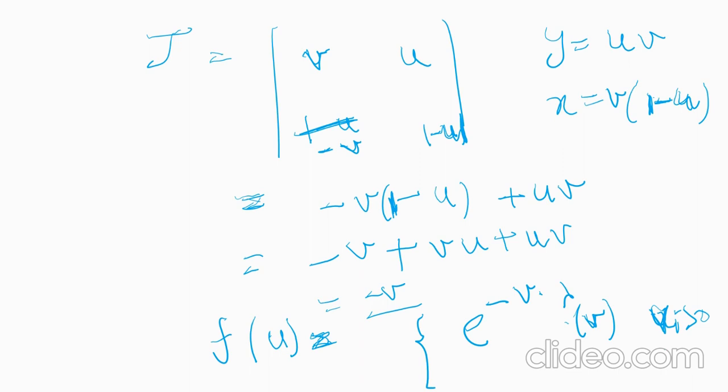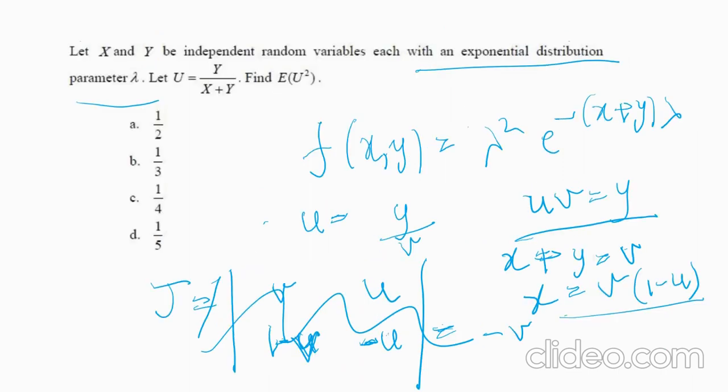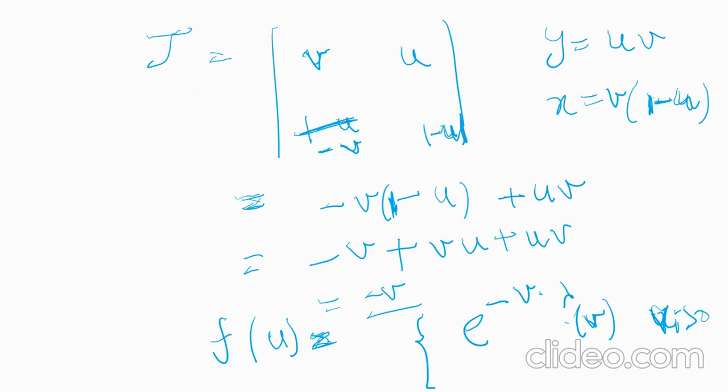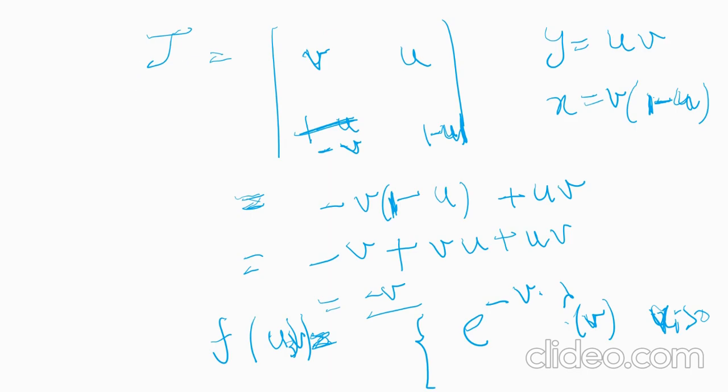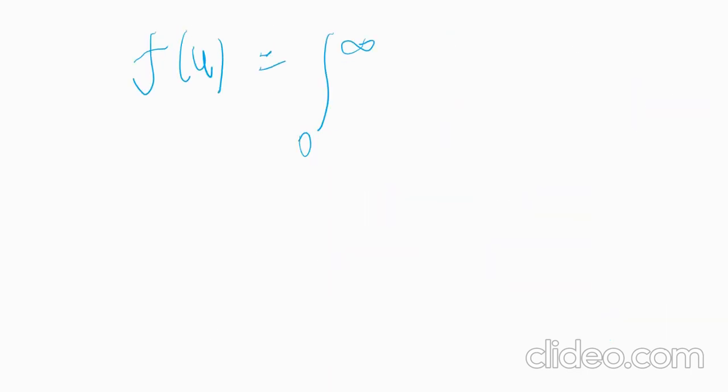To find f of u, we simply integrate over the v part, so it will be the integral of v e to the power minus lambda v dv.